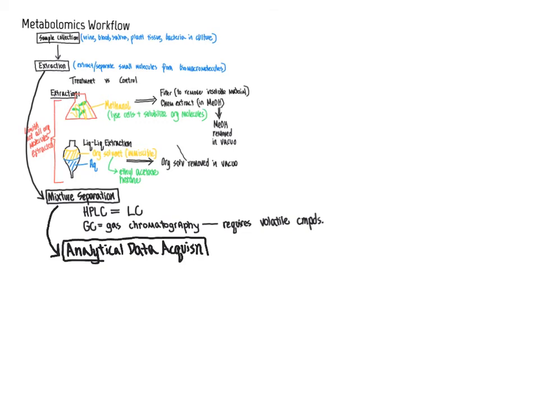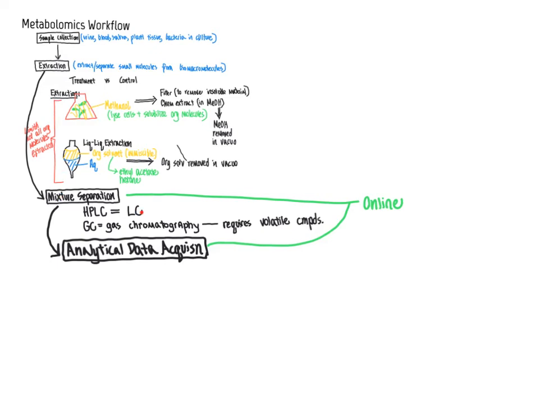Putting a box around that and keeping in mind that the separation of the mixture and the acquisition of the data, such as mass spec or NMR data, are typically conducted online, meaning with a single instrument where one would start by injecting the sample into the system.